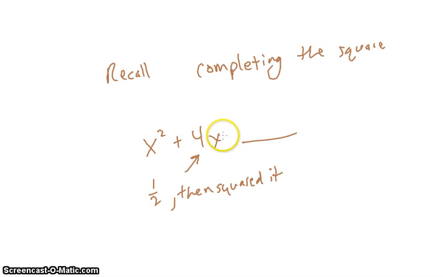Okay, so we took half of that and then squared it. So half of 4, and then square that to get a positive 4. So that makes that a perfect square. And the way that you factor this then is whatever number you got after you halved the coefficient of the x term, that was the second part of your completed square.